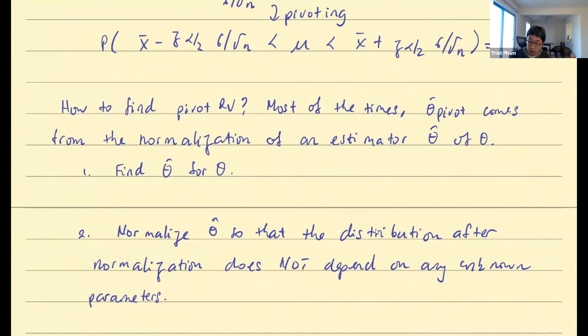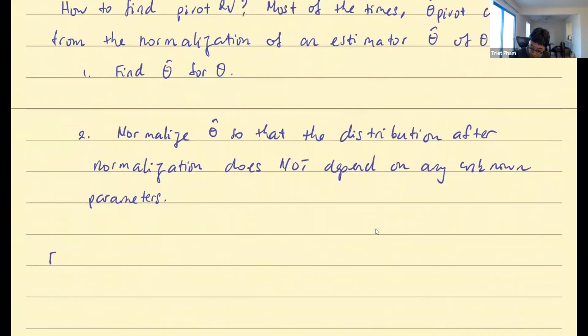Okay, so for example, X1 up to Xn, IID, normal mu sigma square. Well, suppose you want to find a confidence interval for mu. Okay, that's your question. Where do you start? I guess by now you think, okay, what's the pivot random variable?